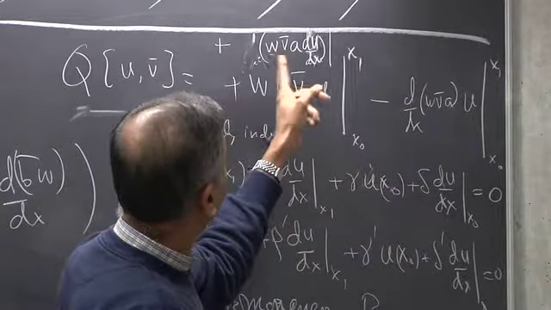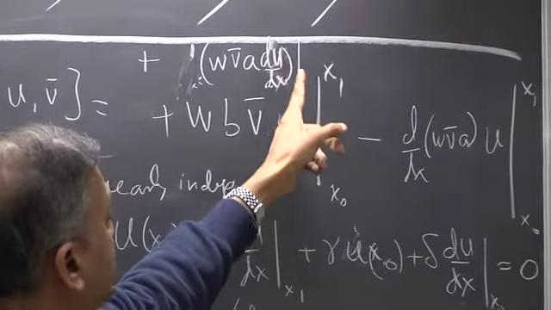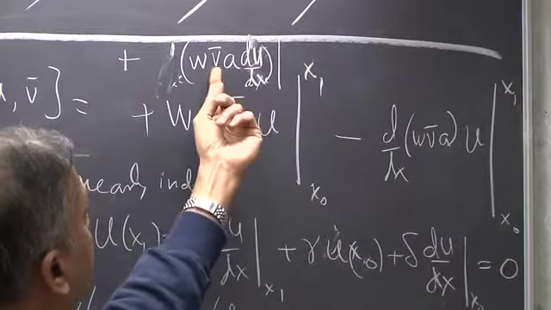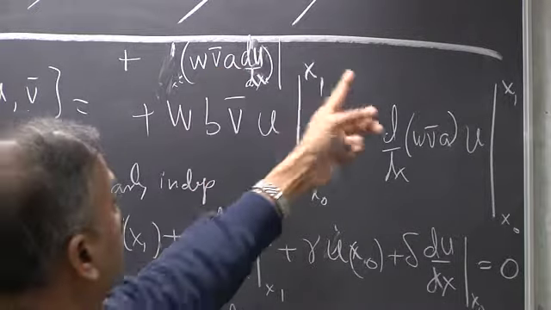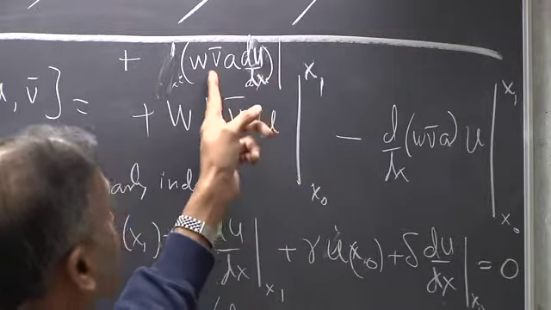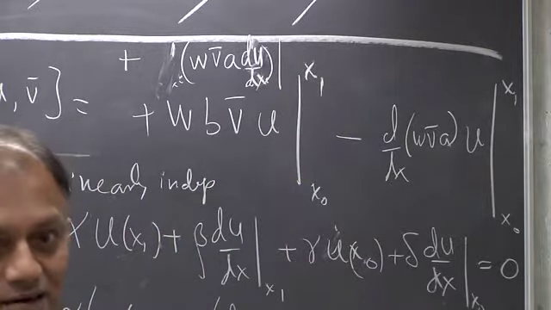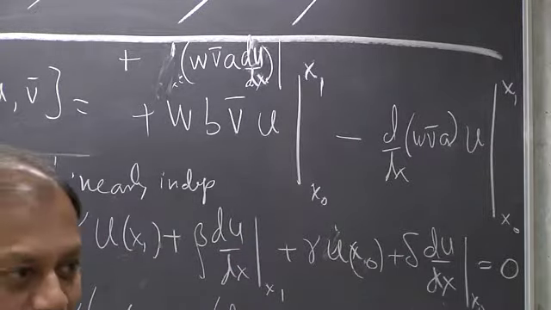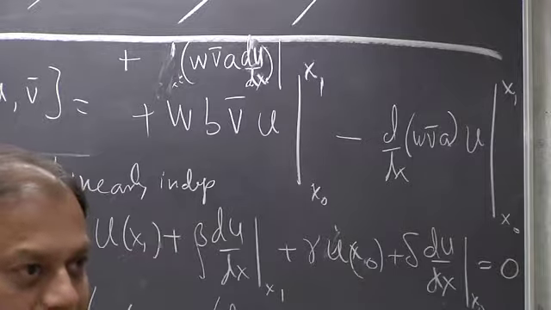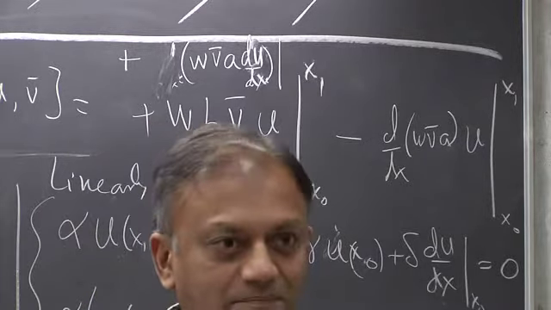But this will not vanish in general: du by dx at x1, which is multiplying v bar at x1, and du by dx at x0 multiplying v bar at x0. And they have to be independently vanishing. So that tells me that v bar at x1 should be equal to 0 and v bar at x0 equal to 0. So again, the Dirichlet boundary condition remains the same.